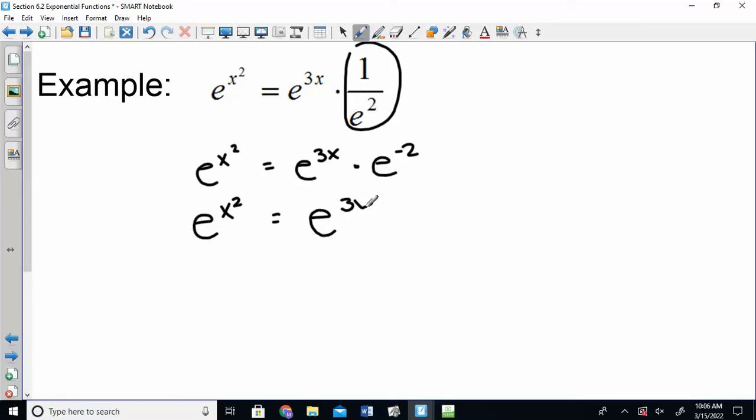So then, since those e's are multiplied, you can add your exponents. And then if you have the same base on each side, you can drop it.